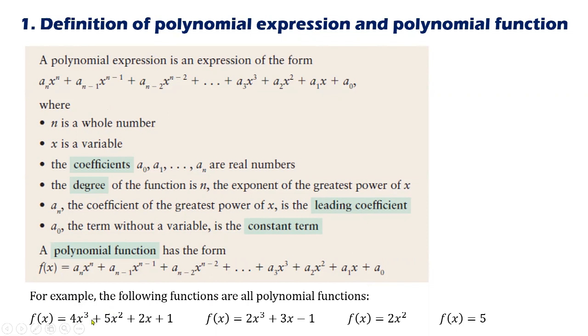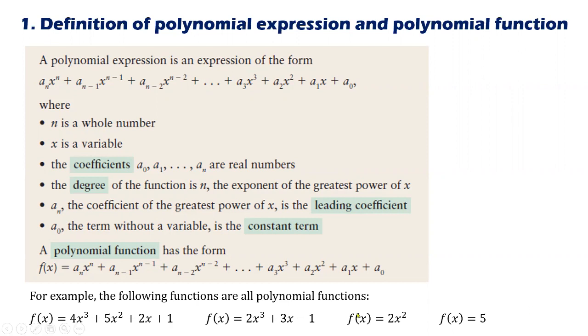First one, f(x) equals 4x cubed plus 5x squared plus 2x plus 1. This is a polynomial function with a degree of 3, right? Because the greatest power of x is 3 here, and the leading coefficient is 4. Second, f(x) equals 2x cubed plus 3x minus 1. This is also a polynomial function with a degree of 3 and leading coefficient 2.